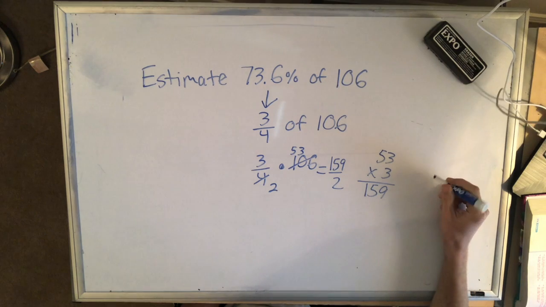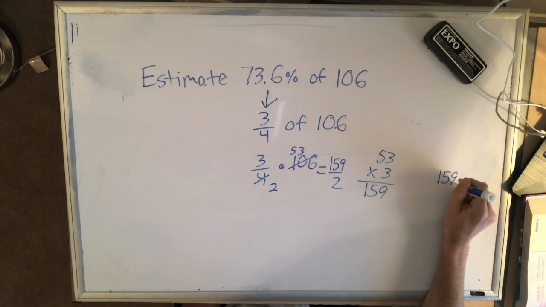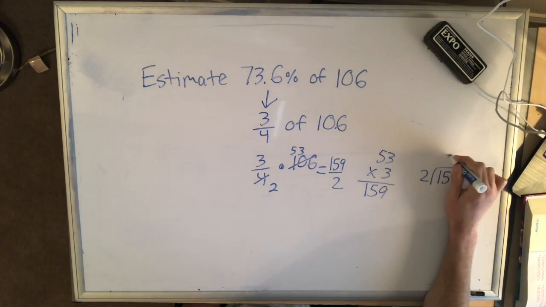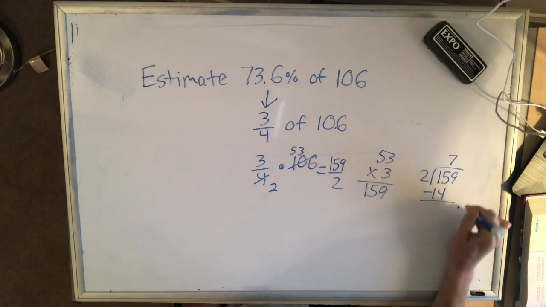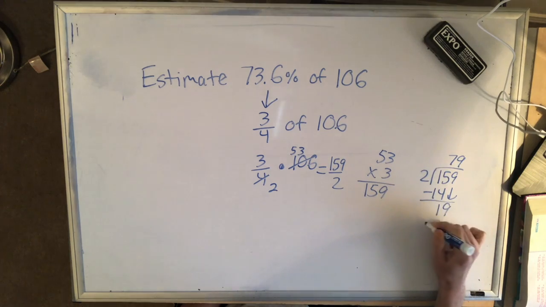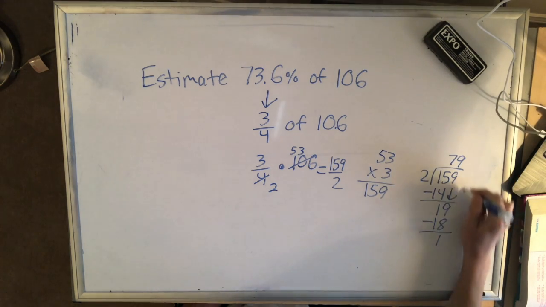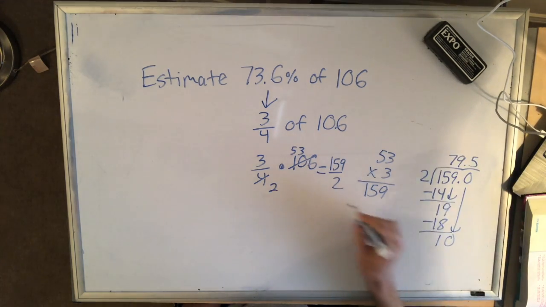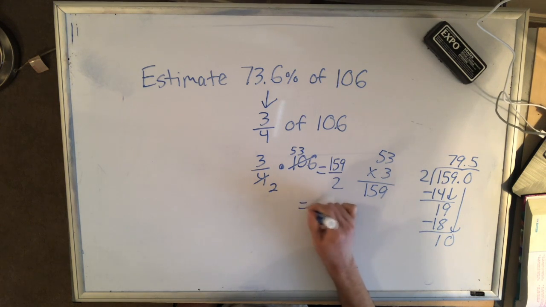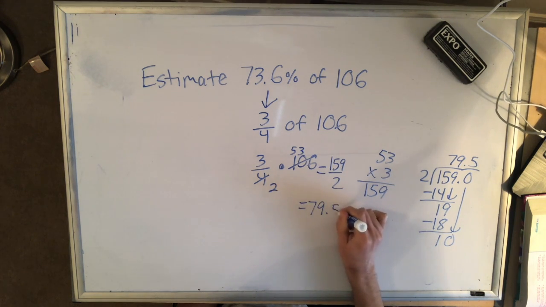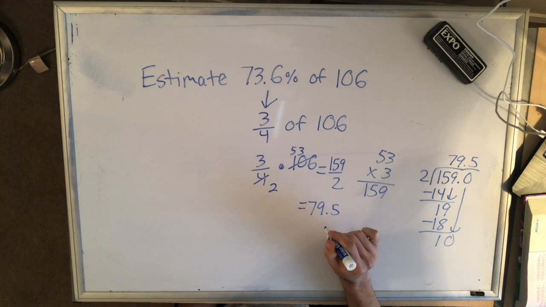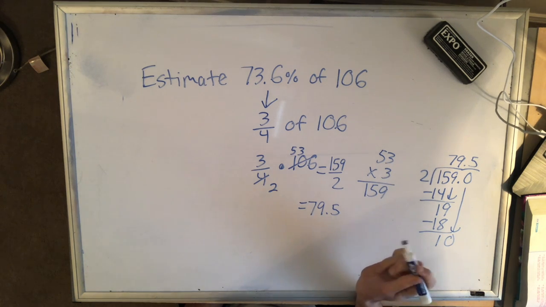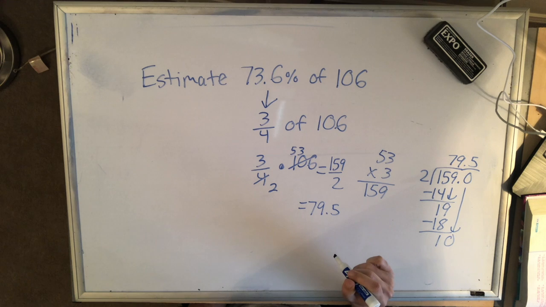And then 159 divided by 2, 2 goes into 15 7 times. 7 times 2 is 14. Bring down the 9. 2 goes into 19 9 times. 9 times 2 is 18. 1. Bring down the 0. 2 goes into 10 exactly 5 times, so we can stop there. So 79.5. 73.6% of 106 is approximately 79.5.